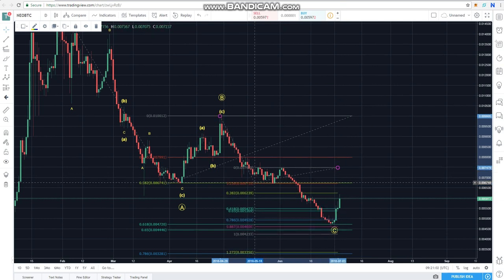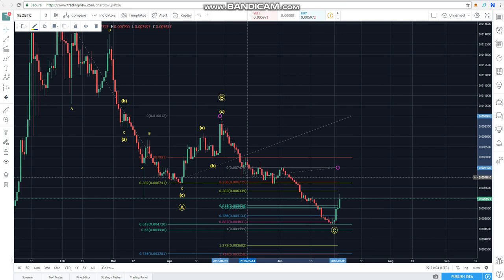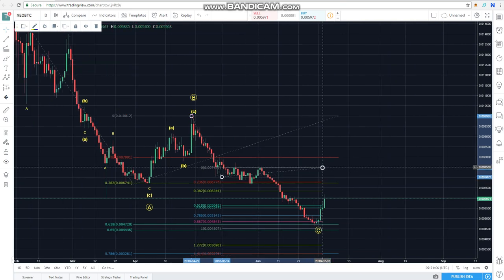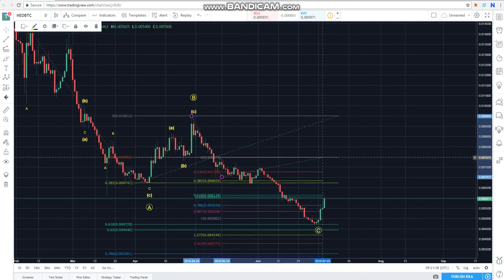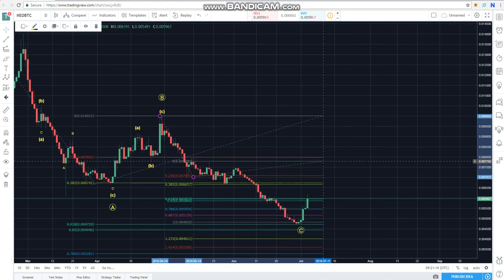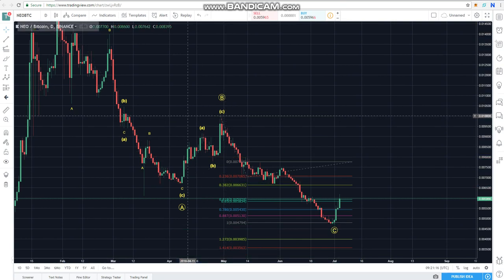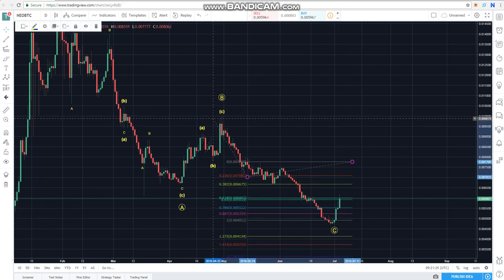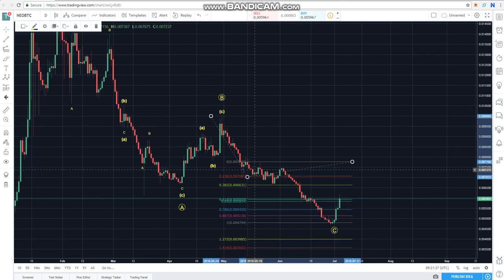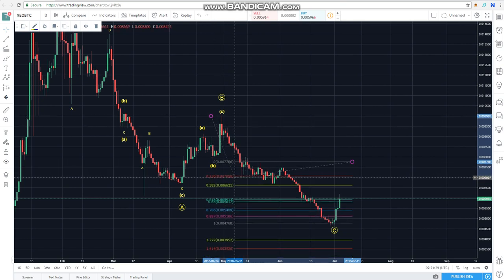So it's pretty clear to me that the count would be something like this, with the 1-to-1 ratio. So if I delete this previous Fibonacci tool, then you can see that the 1-to-1 ratio is hit on target. I'm just going to double confirm if this is really the case.